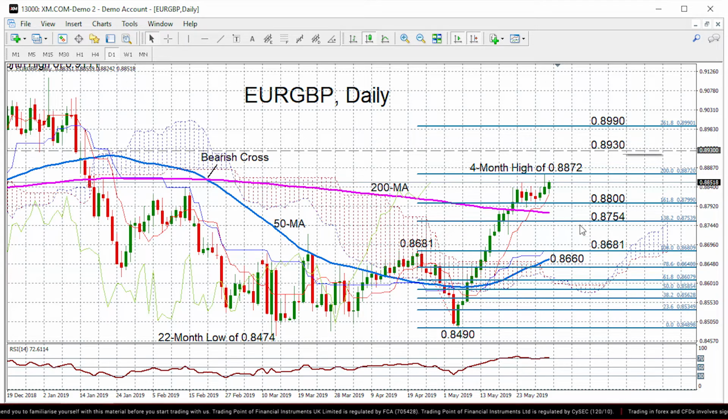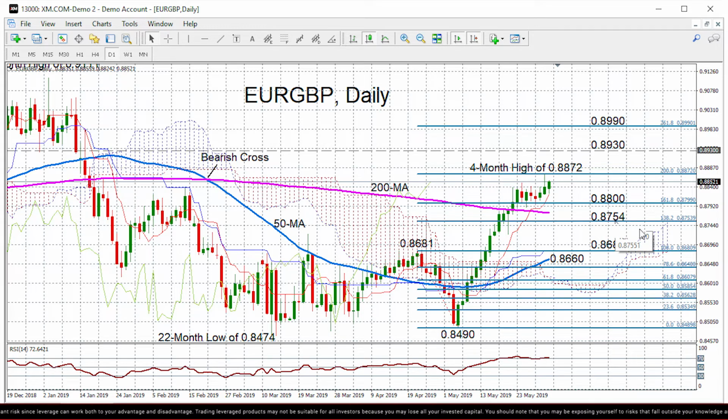But if we do see a downside correction, we do have immediate support at the red Tenkan Sen line. Then we've got the 0.88 handle at the 161.8% Fibonacci extension as another key support level. And then we've got the 138.2% Fibonacci at 0.8754.